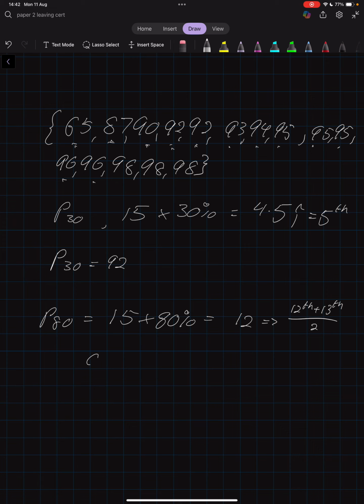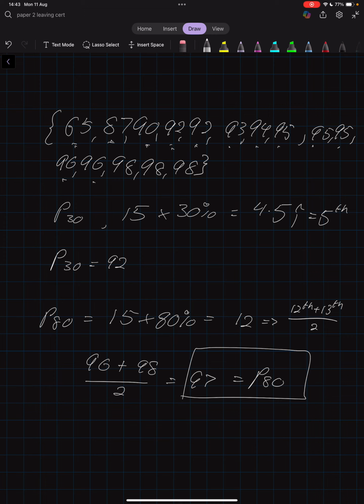So it's 96 plus 98 over 2 is 97. So the 80th percentile is 97. Because if you look at 97, 97 would be here, which means that exactly 80% of the data would be below it. And so that's what a percentile is. Okay?